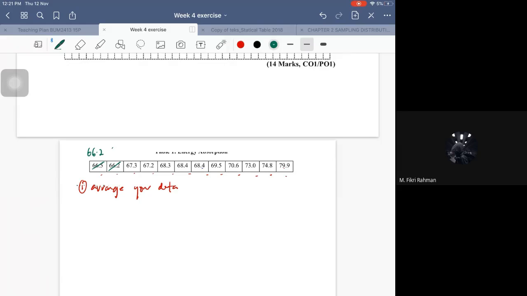This is going to be 66.5, and this too, 67.2, and this is going to be 67.3. These 2 values are good together, and this as well. This is fine, and then I have 73, 74, and 79. Basically, those 4 values have to be interchanged. Other than that, they are already in ascending order, starting from the lowest value until the biggest value.